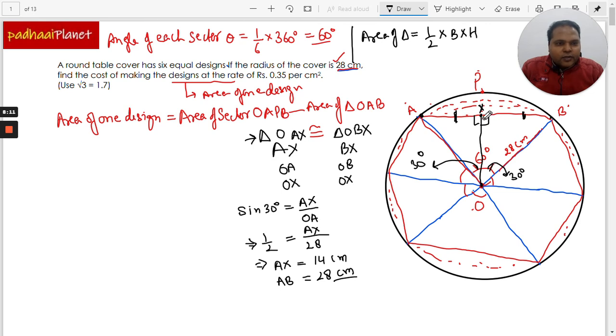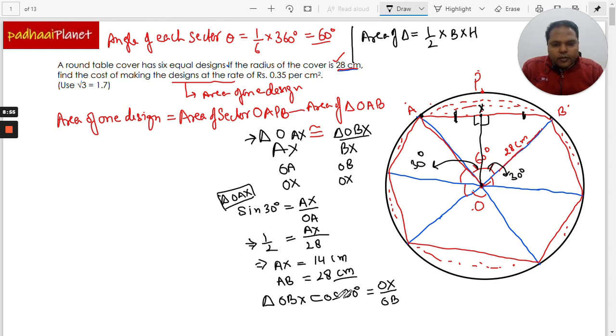Now let us find out the height of the triangle. The value of AB was found out from triangle OAX, right? Now let's figure out the height from the triangle OBX. In triangle OBX we know cos 30 degree is equal to OX upon OB, right?